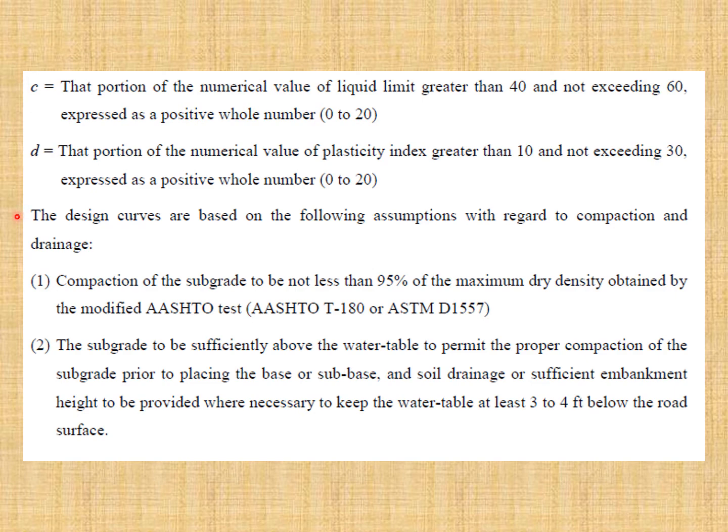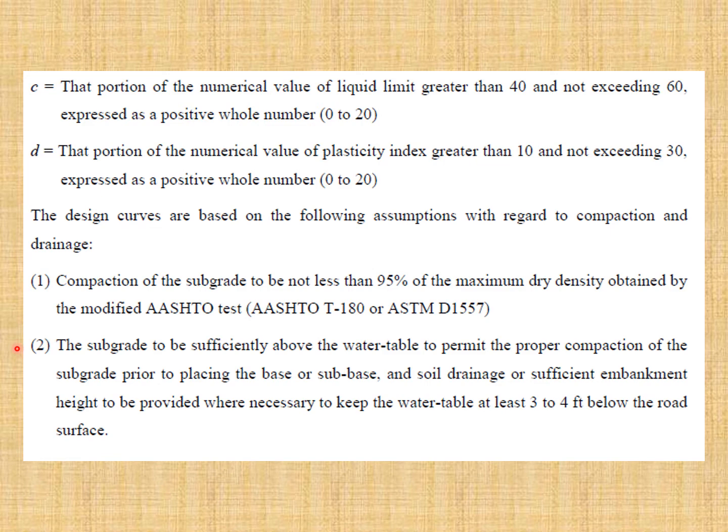The design curves are based on the following assumptions with regard to compaction and drainage. So these two assumptions are very important. Number one, compaction of the subgrade to be not less than 95% of the maximum dry density obtained by the modified Ashton test.